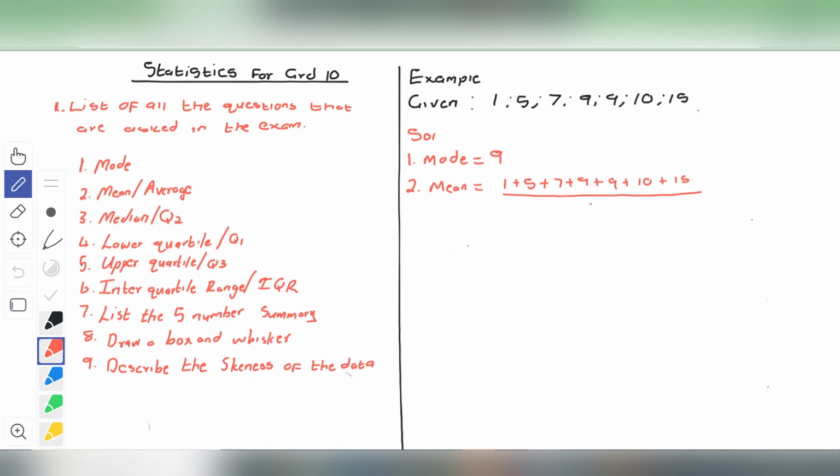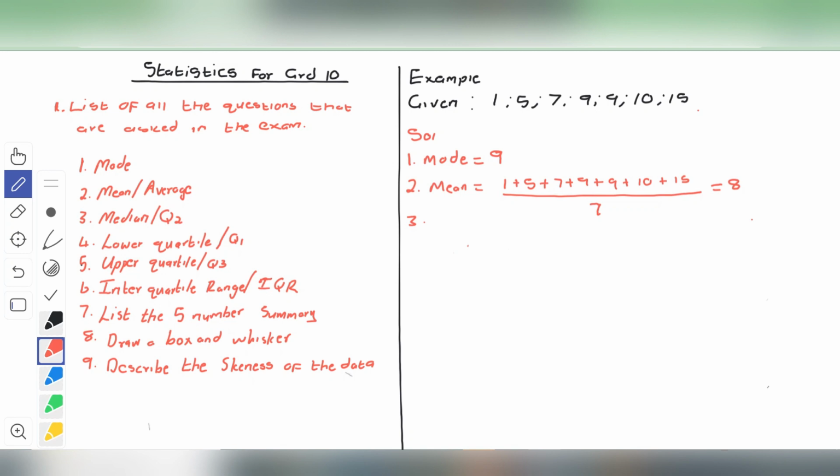Therefore we divide by 7, and our final answer is going to be 8. Then we are done determining the average, or the mean. Whenever you determine the mean, you add all the data set and divide by the total number of the data set.